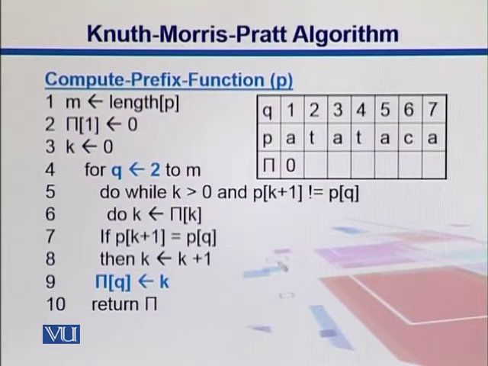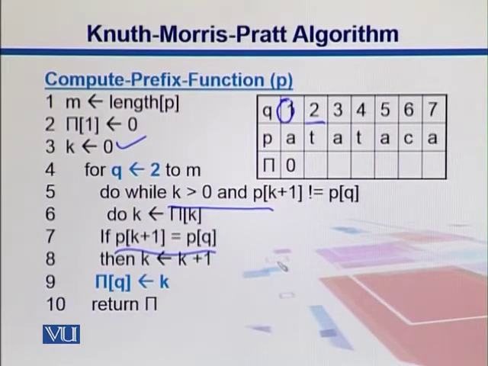At that position we have T right here. So this is our q equal to 2. Since k is not greater than 0, we won't go over here. Right now k is equal to 0, and P of k plus 1, which is 0 plus 1, is the first character, and we are comparing it with P of q.